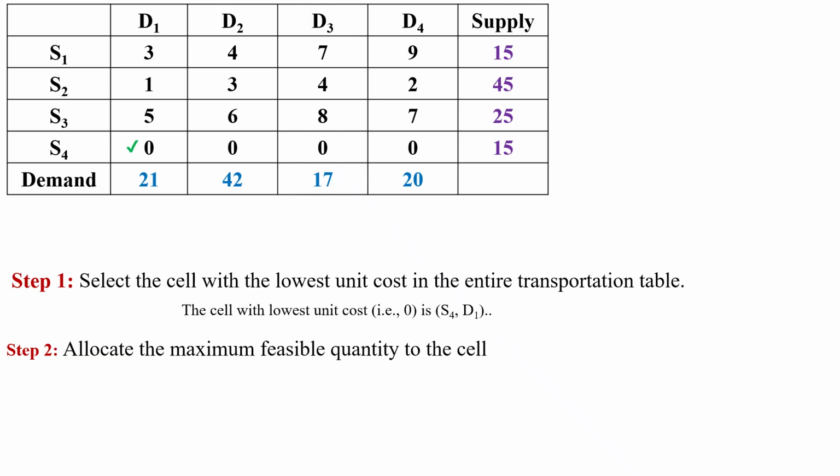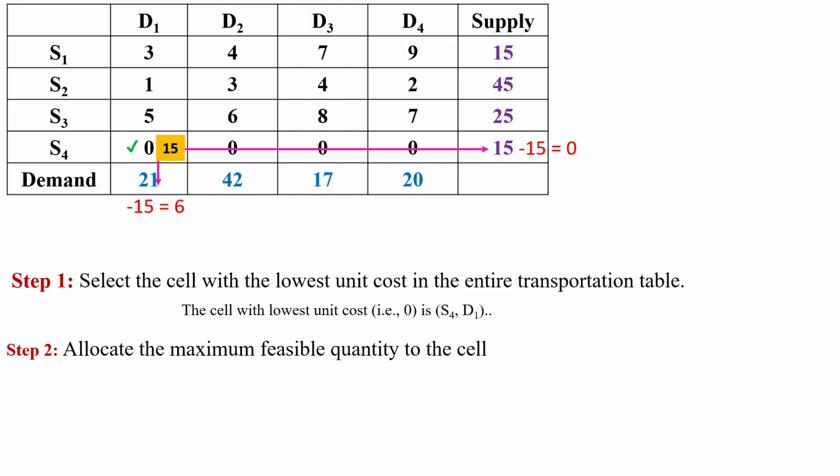Here supply is 15 and demand is 21, so the maximum possible allocation is 15. We allocate 15 here and subtract it from the supply as well as the demand.